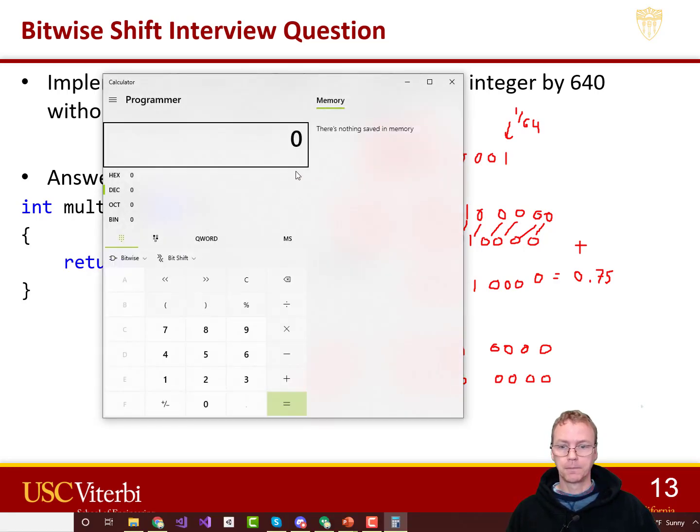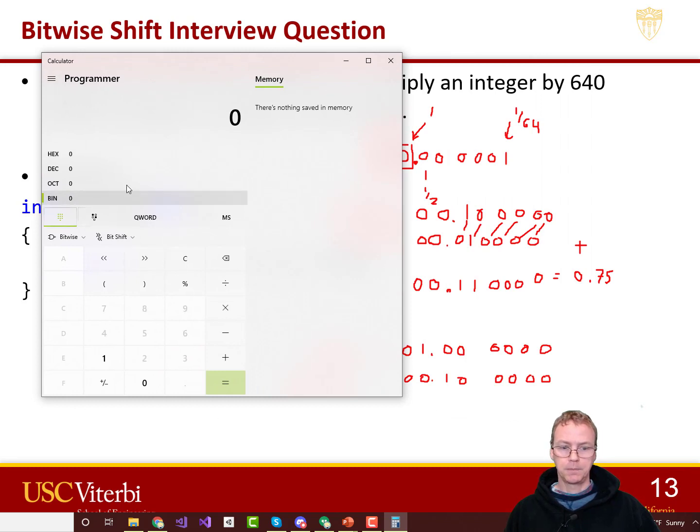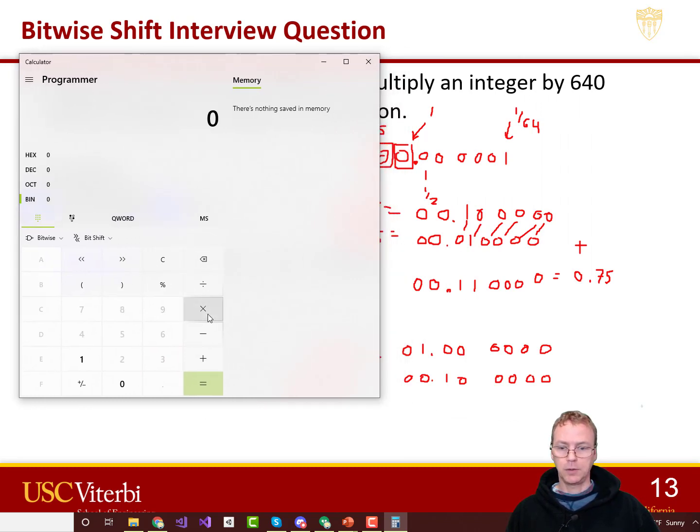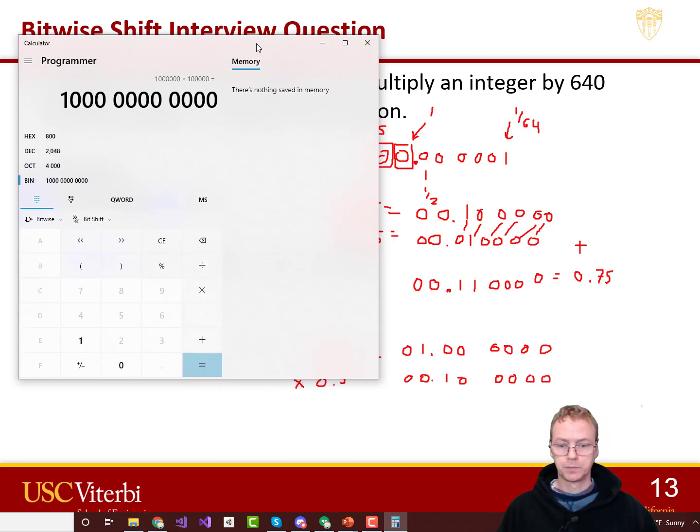Let's take a look. Put it in binary, and we'll enter these numbers, times, equals. Okay, let's write that down.